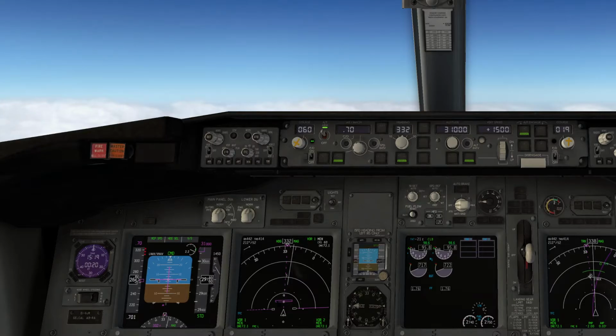One dot deviation. Okay, turning right, 019.